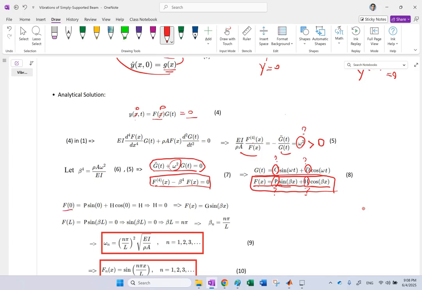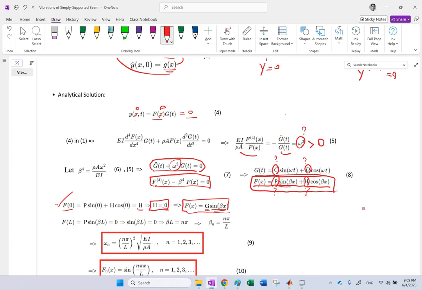So f of 0, plug in 0 in here, sine becomes a 0, cosine becomes 1, so you just get H. That should be equal to 0, and so that means H is 0. If H is 0, then your x position solution is just going to be this constant times sine of beta x. So the first boundary condition is satisfied.